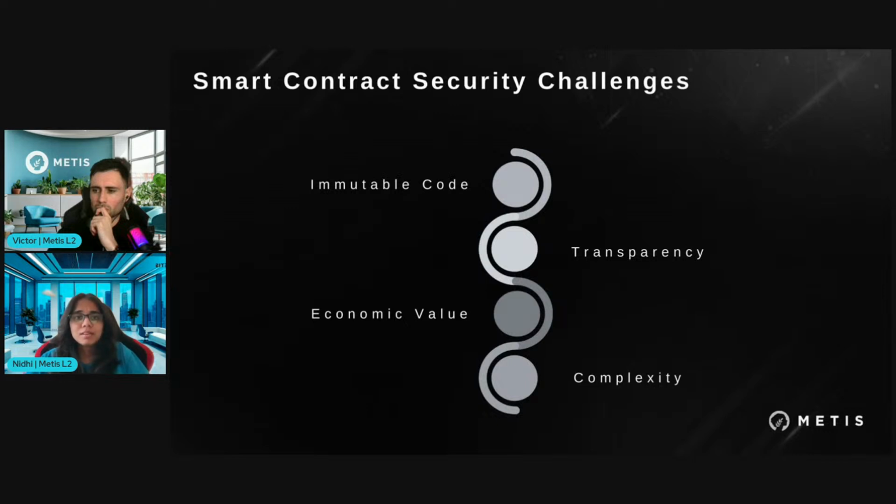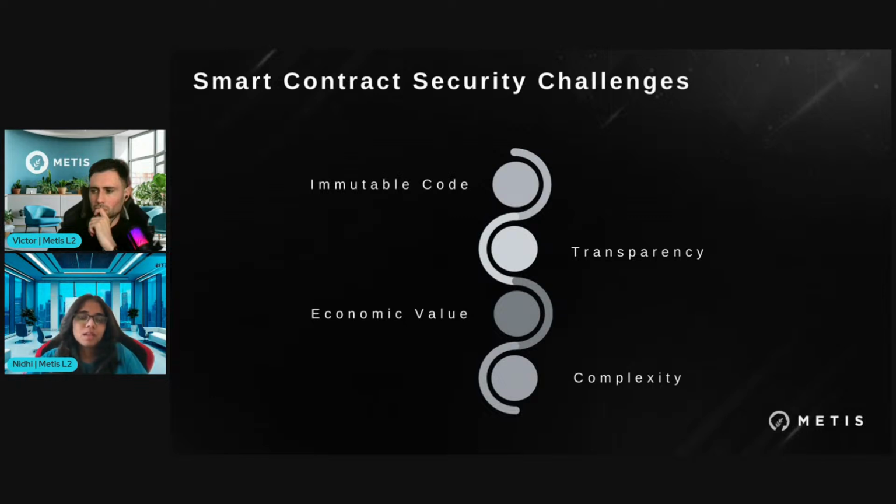So any bugs or vulnerabilities are impossible to fix unless you redeploy the entire contract, which can be a logistical nightmare. Let's say we have stored a lot of data on the smart contract, then we're going to lose it, right? So this is one of the most important security challenges in the smart contract world.